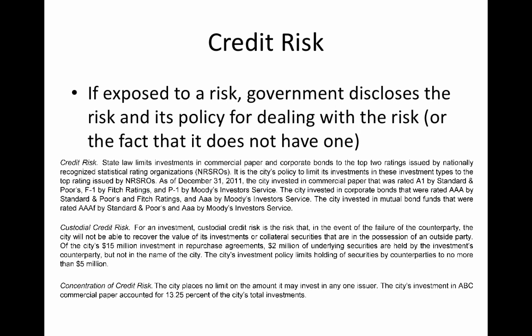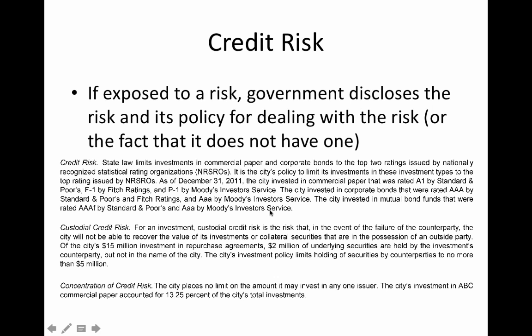So here's what a typical disclosure might look like, and this government is exposed to credit risk. So what it's required to do is disclose the credit ratings of the investments that are exposing the government to credit risk. And so it's looking at what the rating agencies have assigned to these various investments.